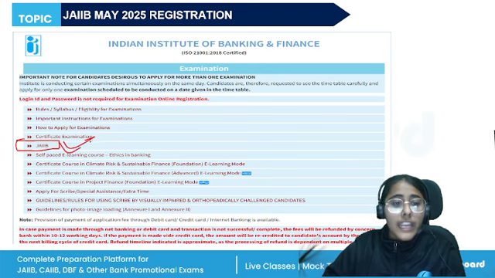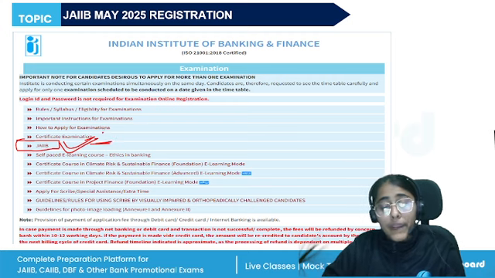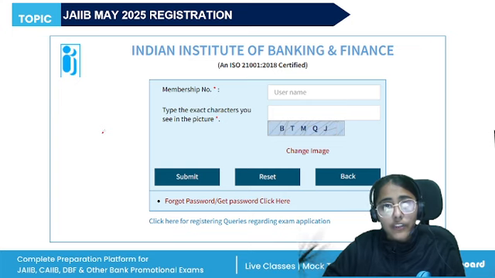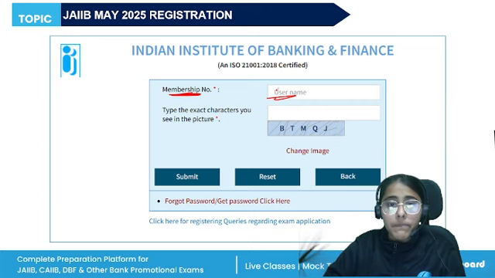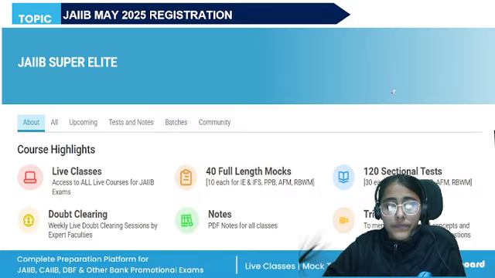You will click on this option, and then the page for the JAIIB registration will open. You will here enter the membership number that you received on your email after registering for the membership, and then you will simply carry on with filling of the application. All right, so that is all. This is the simple procedure for making the registration of your JAIIB May 2025 exam.